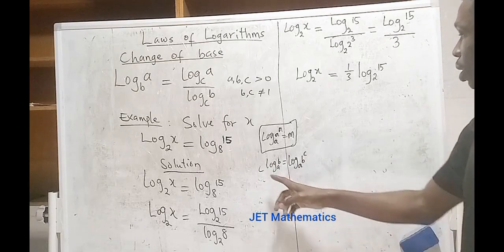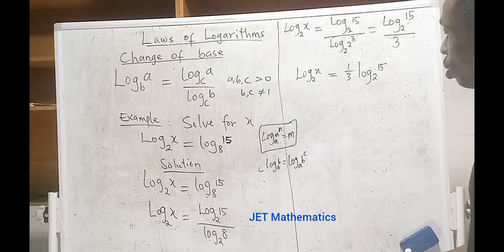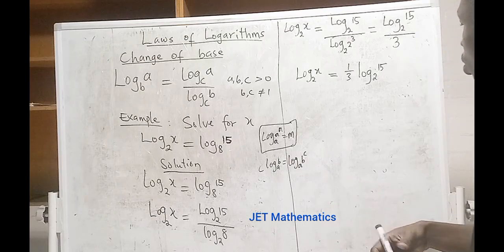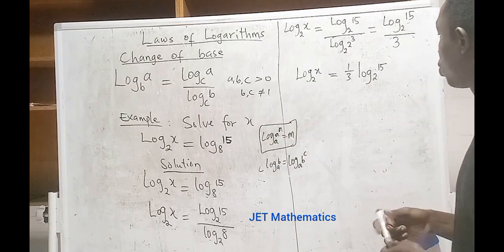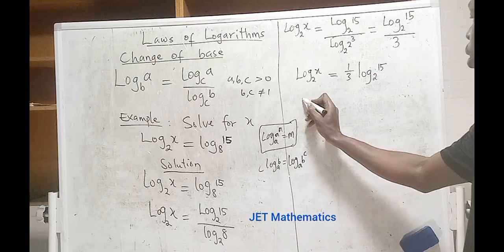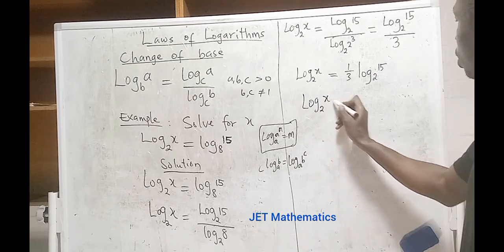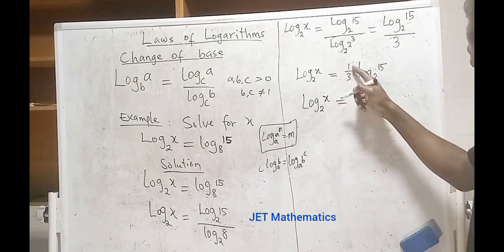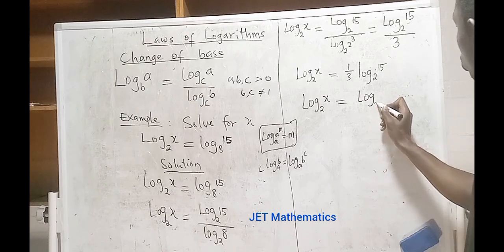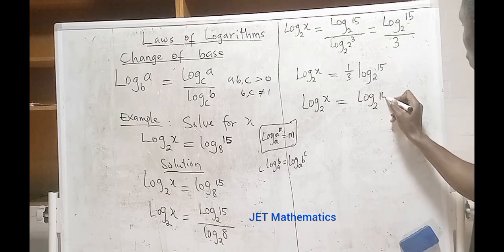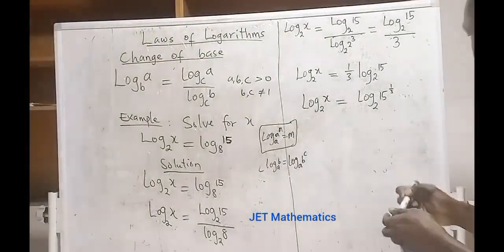Remember that? If we apply this law from the laws we learned in our previous videos, we are going to say that here is log 2 x is equal to, now this 1 over 3 will come here, so we have log 2 15 to the power of 1 over 3.